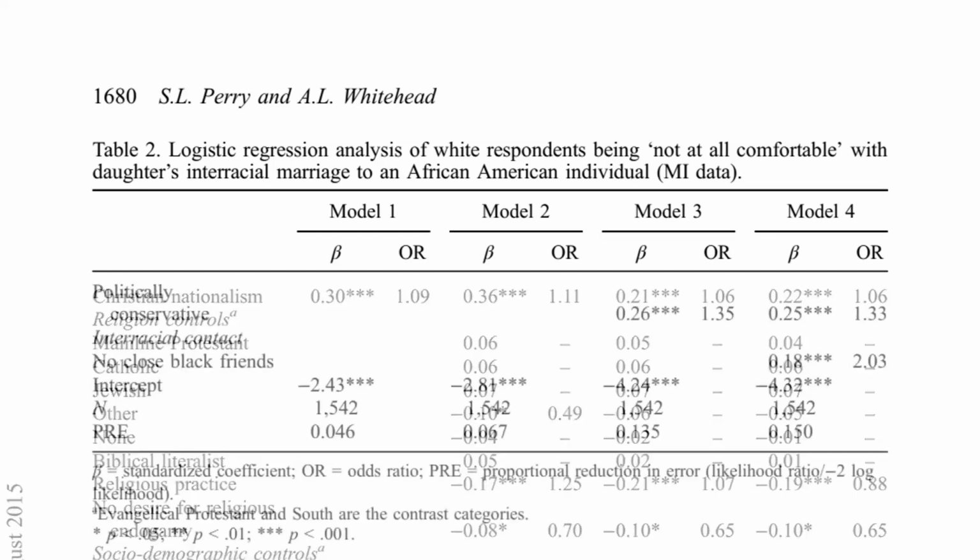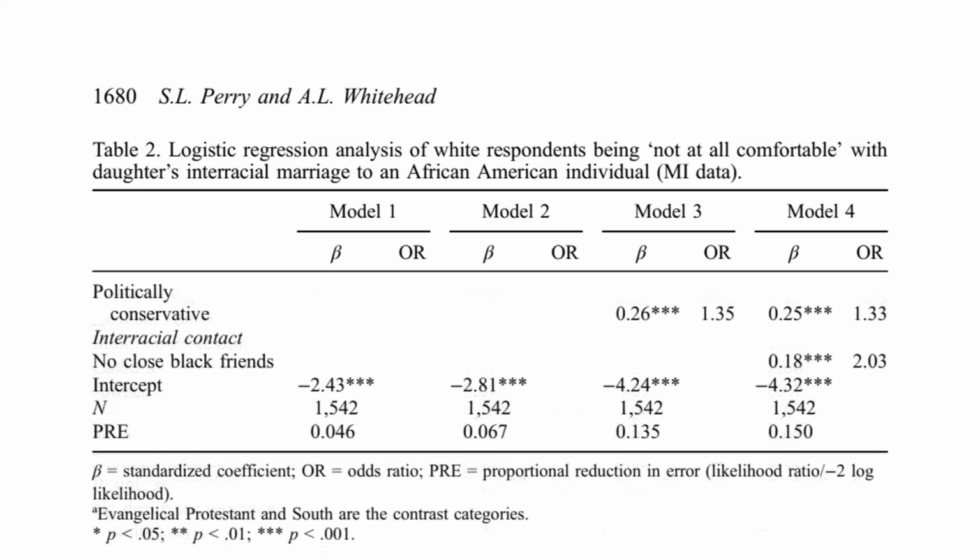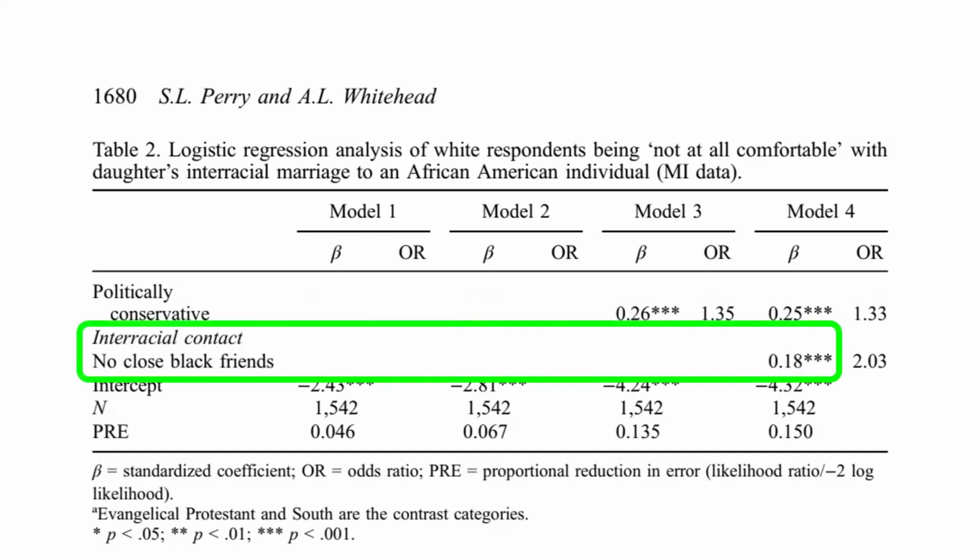And the one that I want to focus on is this one right here, interracial contact. So if you did not have any close black friends, you are statistically significantly much more uncomfortable with your hypothetical white daughter marrying a black male. That is a significant difference.